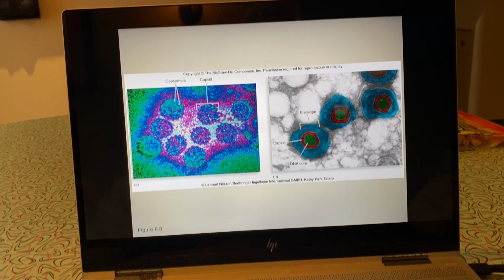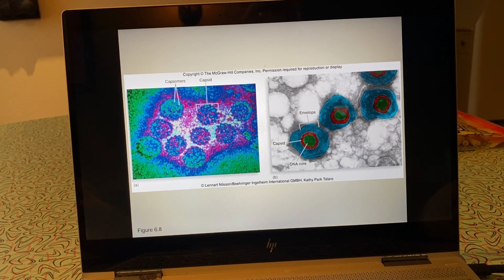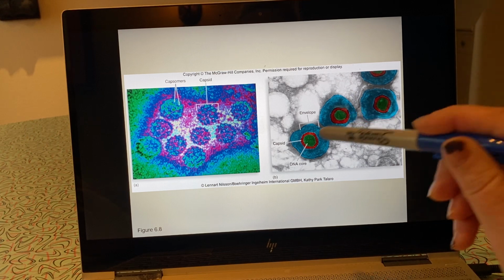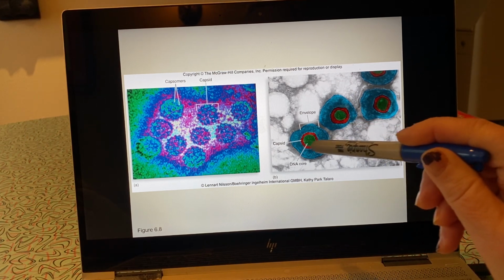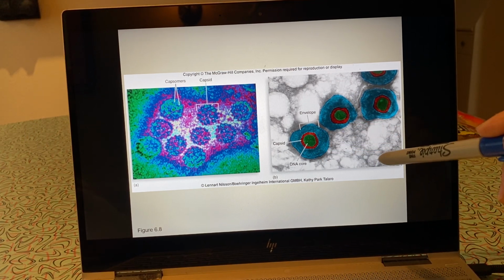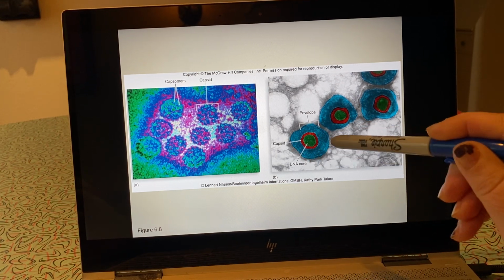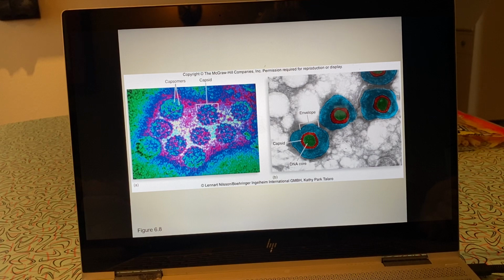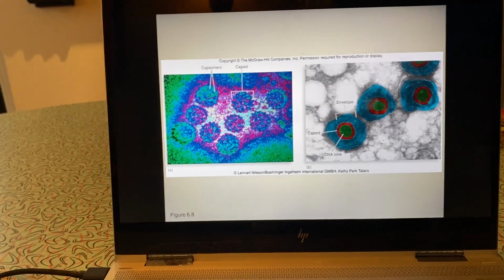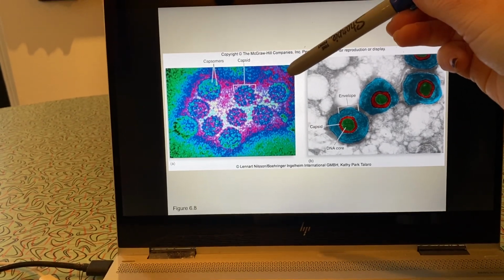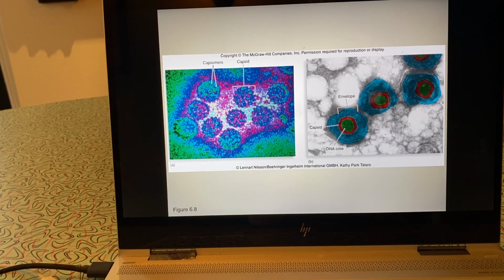Okay, here's some electron micrograph photos. These are enveloped viruses inside a cell. So you have the capsid shown in red, the DNA cores in green, and then the envelope, which is pretty thick, is shown on the outside in blue. And this is what happens on the right when a virus goes through its replication cycle.